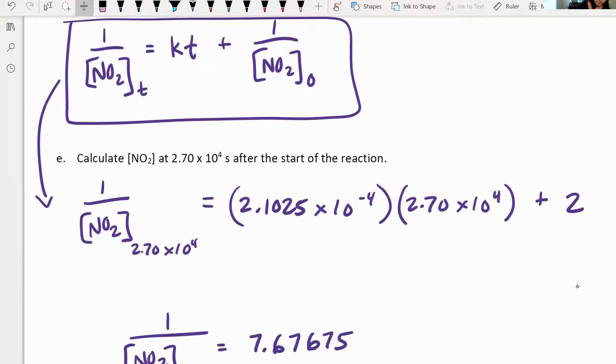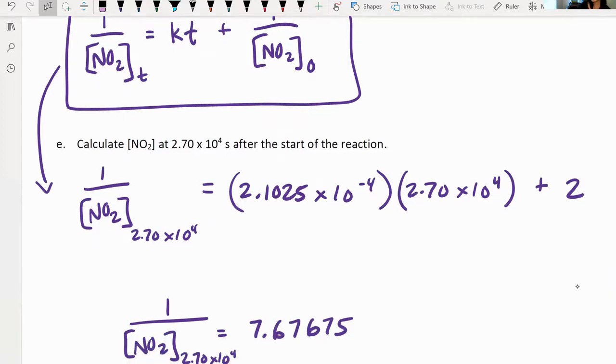All right, so this ends up becoming 1 over concentration is equal to 7.67675. And now I need to solve for concentration. I can't leave it as 1 over concentration. I need that to read concentration. So the easiest thing to do is flip the fractions. Flip it.